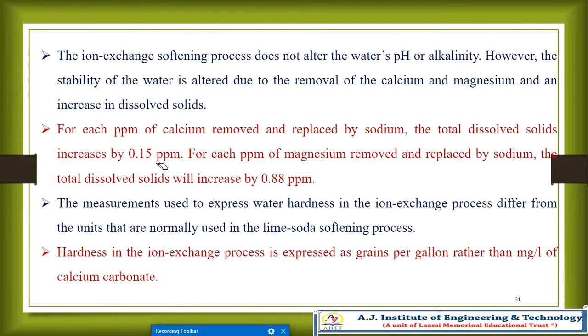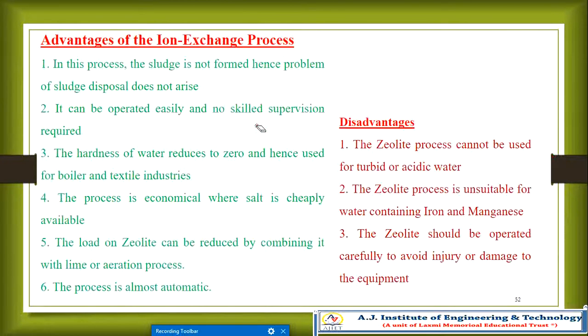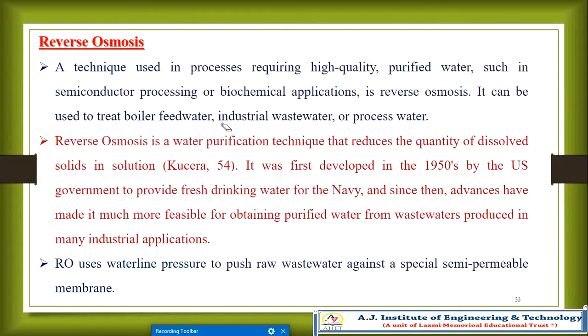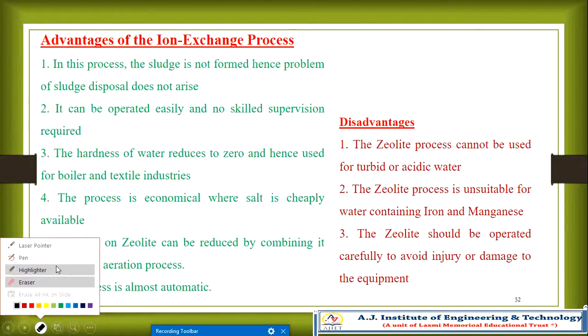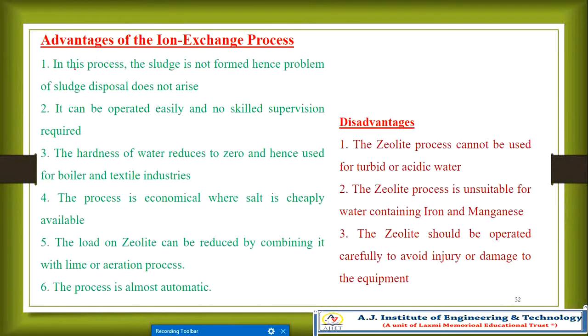Now if you look at the advantages and disadvantages of this process: the sludge is not formed, hence the problem of sludge disposal does not arise.